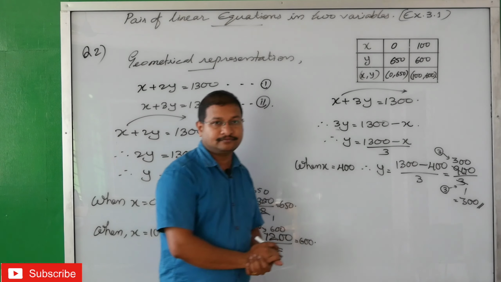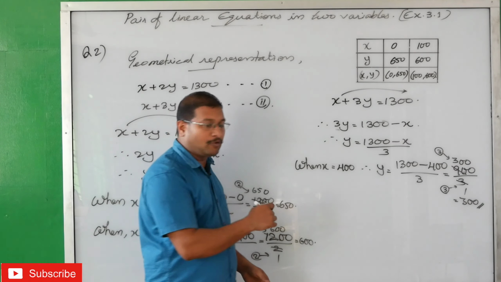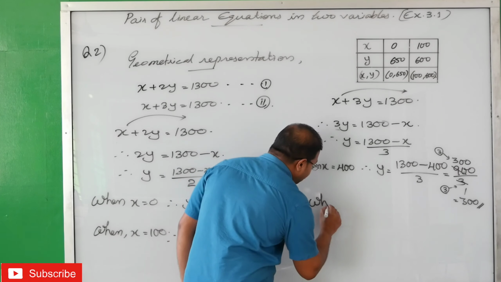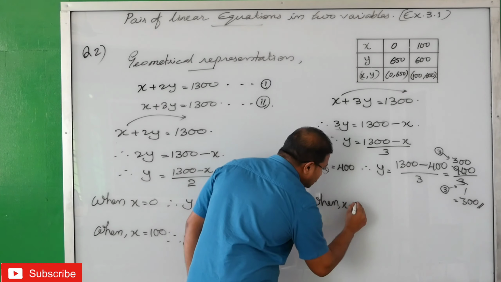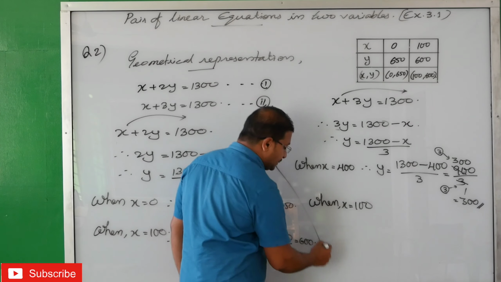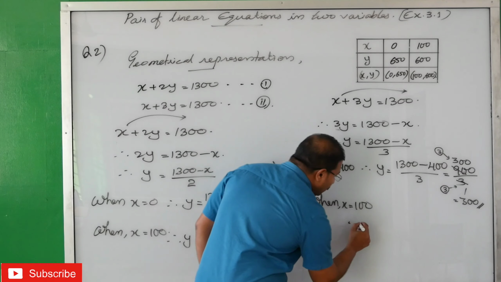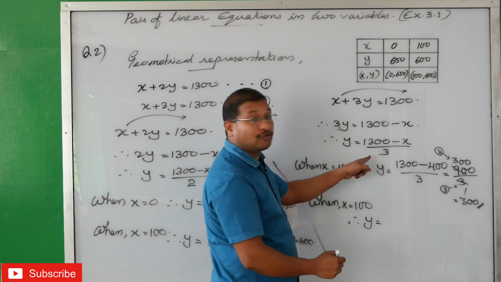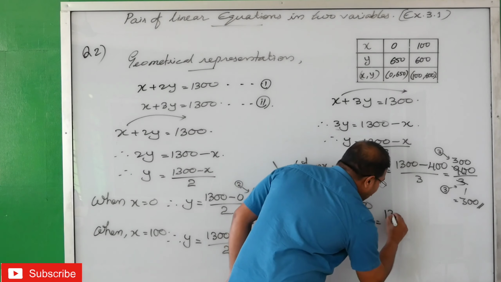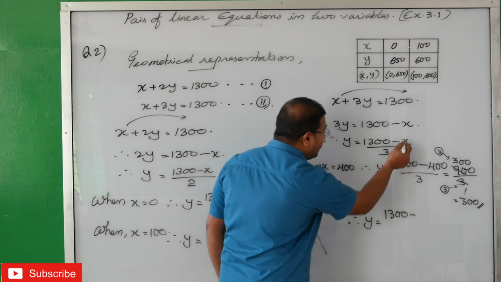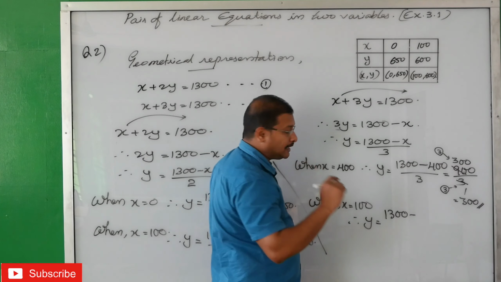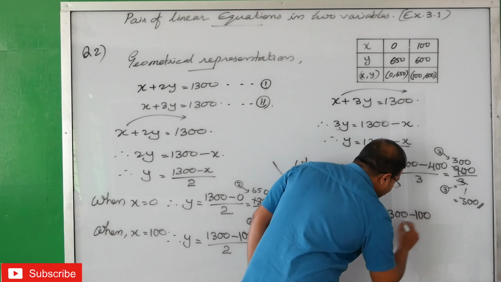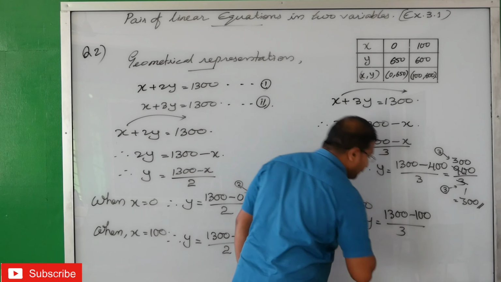Ready? Now, we will take one more value. So, we will take when x equals 100. Ready? Therefore, y equals, this is our equation, 1300 minus, in place of x what you will put? 100, divided by 3.